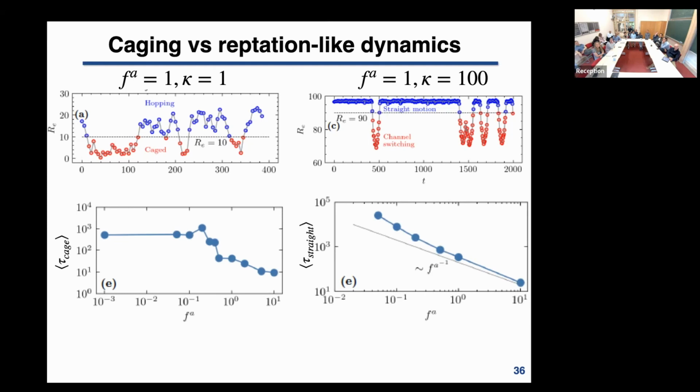You can see that in the other case, for a long time it is almost constant, the same as in a very narrow channel, with the mean caging time depending on activity. The mean caging time becomes smaller. And here the same.